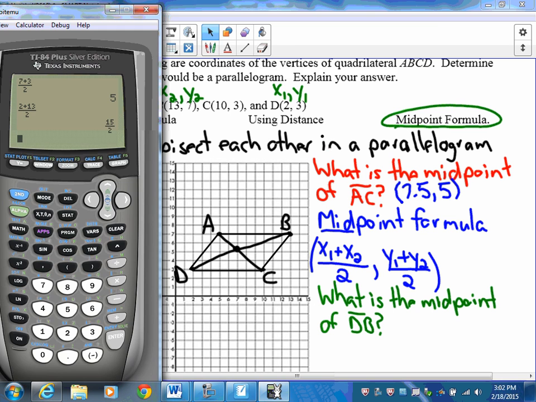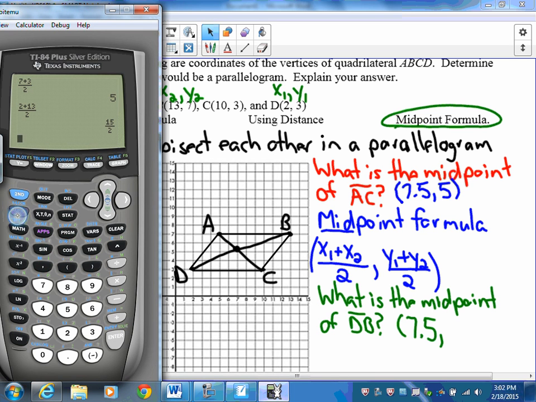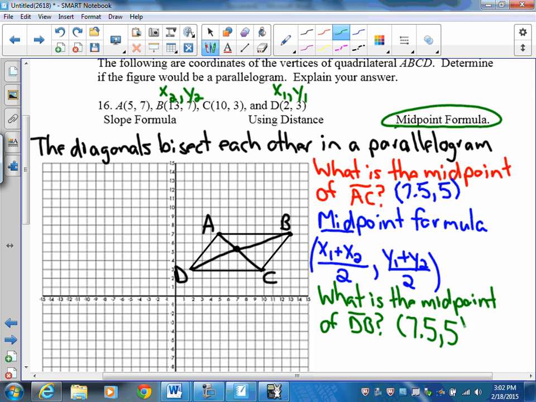So we have 7.5 for our x value. What's our y value? Alpha y equals enter, 7 plus 3 divided by 2, 5. So we see that we have the same midpoints.